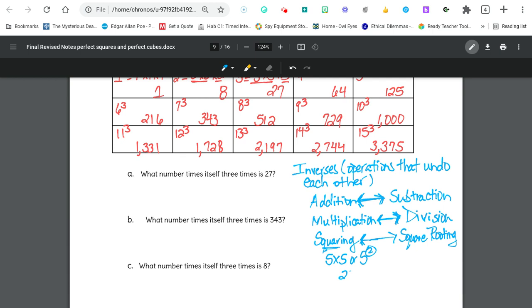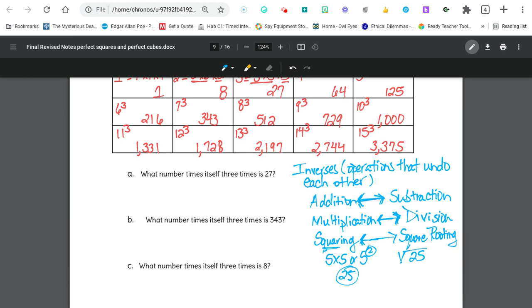So 5 squared produces the perfect square 25. 25 is a square, guys. It is the square of 5. So 25 is the square of 5.